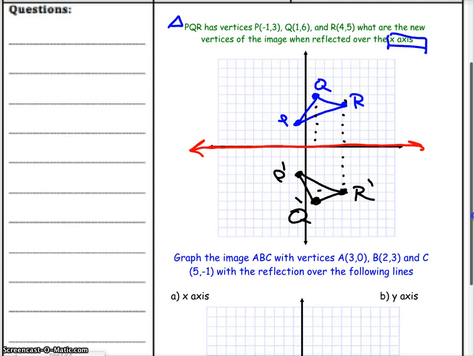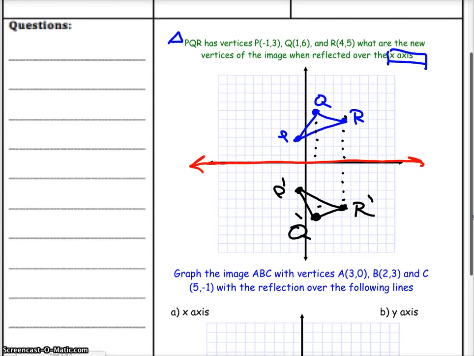So I did my reflection, but that's not what I need to do. I mean, sometimes you just need to reflect. Sometimes you need to find the new vertices. So the vertices of P prime is -1, -3.